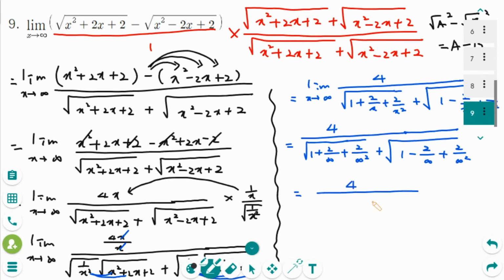So this is 4 over square root of 1 plus 0 plus 0, plus square root of 1 minus 0 plus 0. So 4 over square root of 1 is 1. This is also 1. So 4 over 2. The final answer is 2.